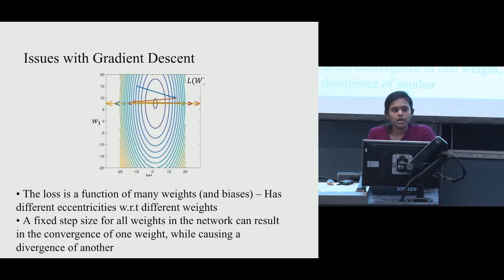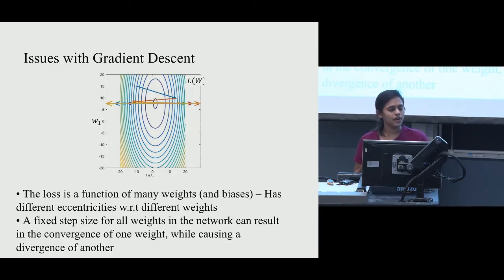If you remember the process of gradient descent, any kind of gradient descent, we know that the loss is a function of many weights and biases. We are supposed to be updating all these weights and biases, and all of them have different curvatures and different eccentricities. But we're taking a step in one particular direction, and what might happen is you're going too fast in one of these dimensions and too slow in the other. Assume that we have two weights that we must update, and one of them is extremely flat and the other is extremely steep.